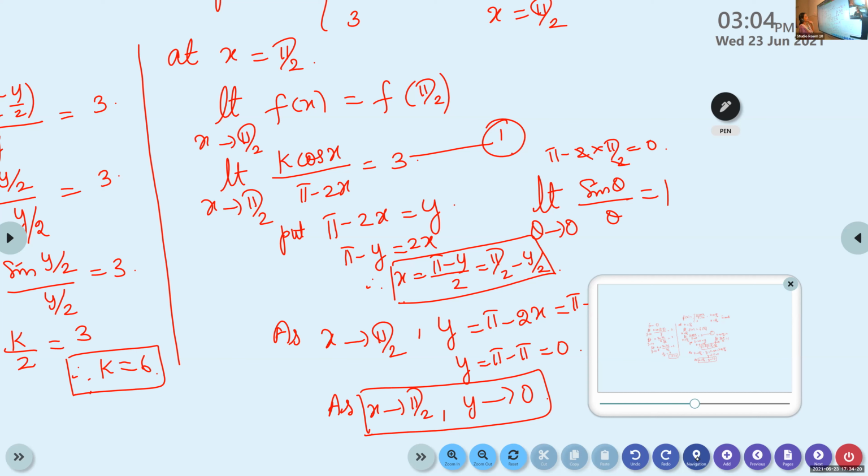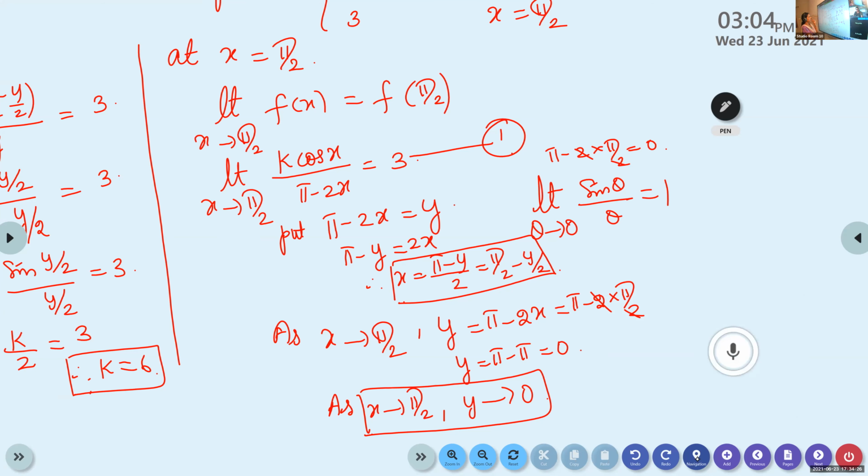If the function is continuous, the limit will be the same as the value of the function. So limit as x tends to pi by 2 of f of x is equal to f of pi by 2. That is limit as x tends to pi by 2 of k cos x by pi minus 2x is equal to 3.